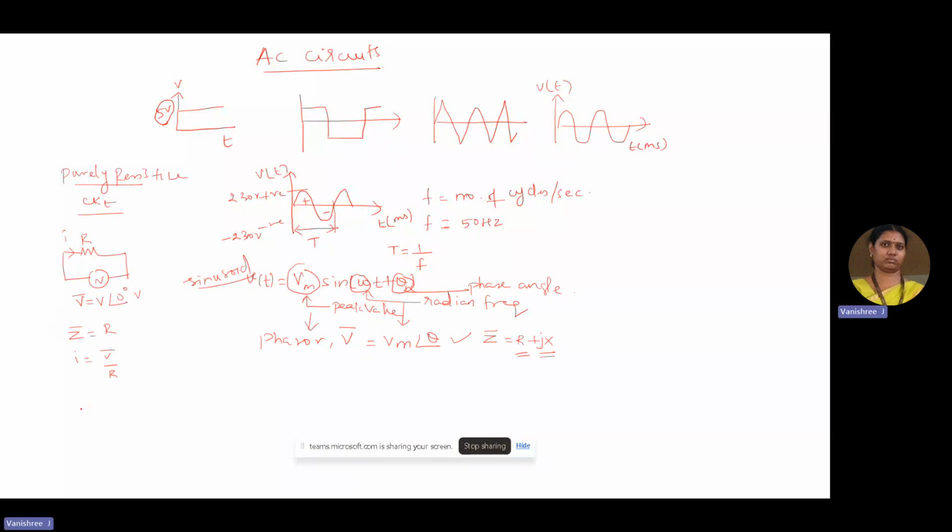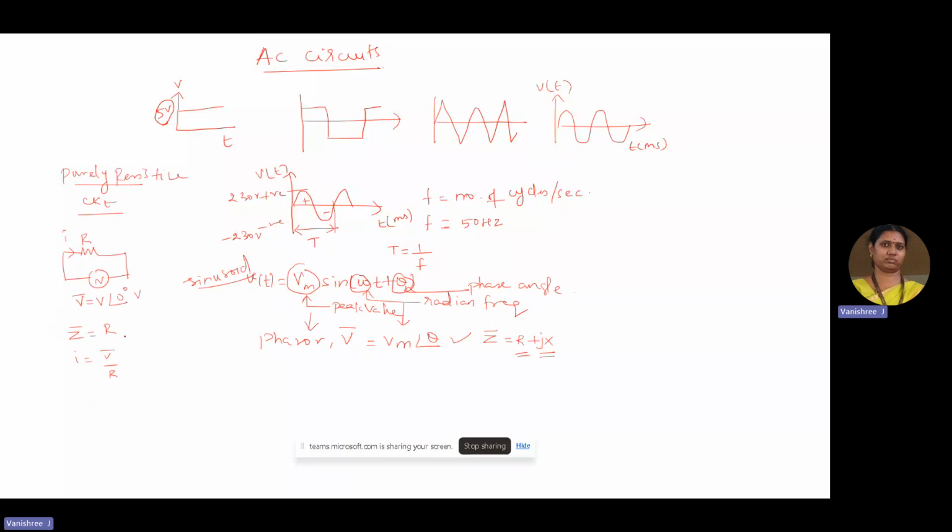So by seeing the phasor diagram, one can predict what type of circuit it is, whether it is an RL circuit or an RLC circuit, whether the current leads or lags the voltage, what is the magnitude of the resistor voltage and the reactive elements' voltage, and what is the phase angle between supply voltage and the supply current. Everything can be predicted very clearly on looking at the phasor diagram. So to be simple, it is the pictorial representation of any given circuit.